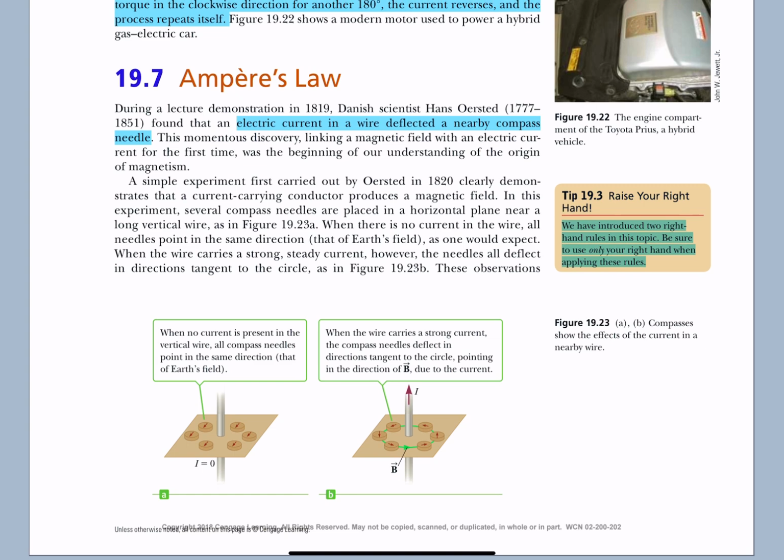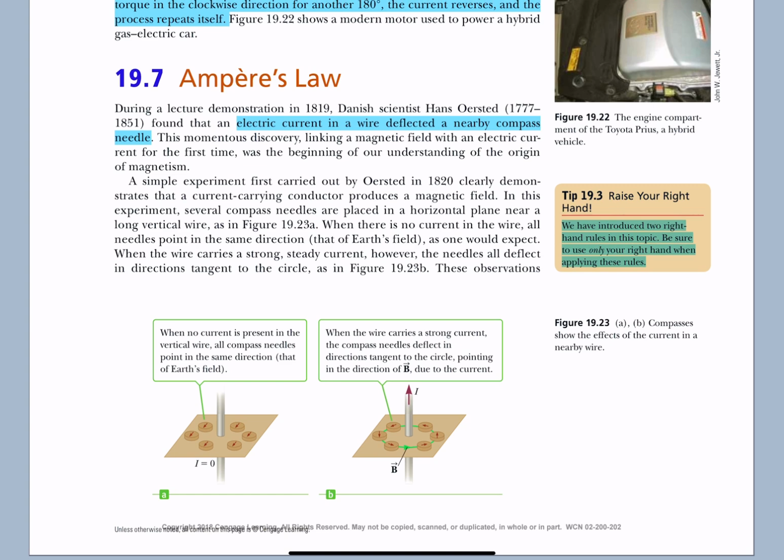And we put little teeny tiny compasses, about the diameter of my baby finger, and we put them on that surface as close to the wire as we can get them.